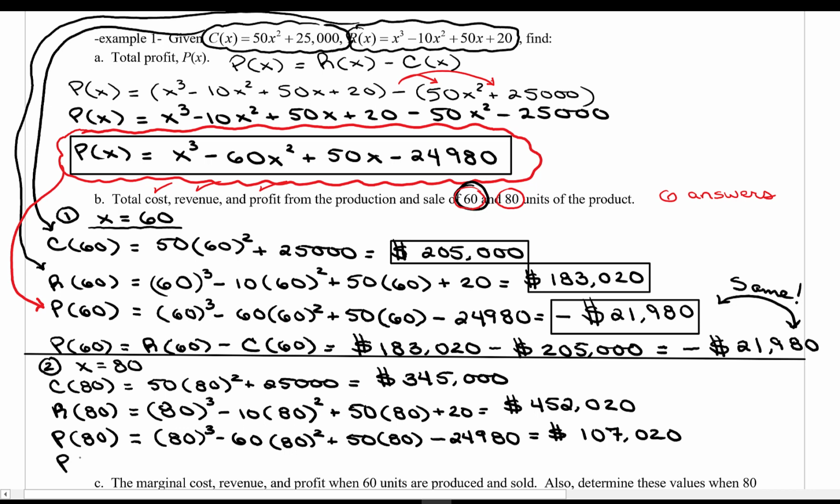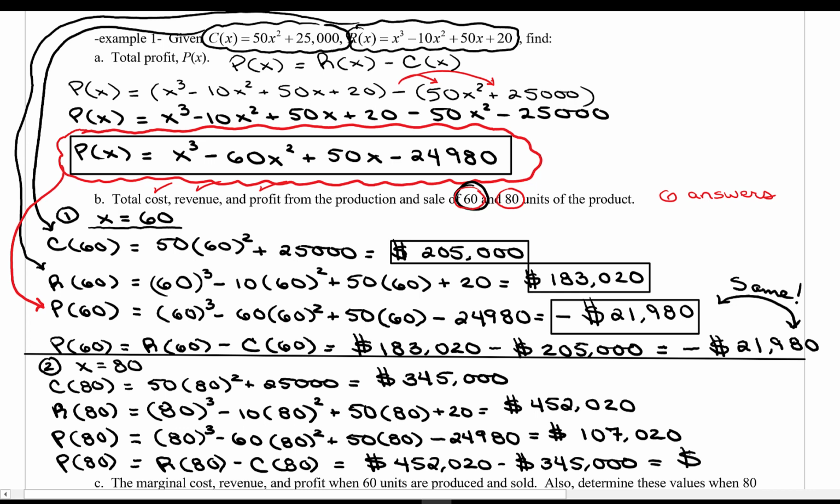And if I wanted to do this the other way, my P of 80, I could find R of 80 and subtract C of 80 from that, and this would be equal to $452,020 minus $345,000, which would be equal to $107,020. And they're the same.